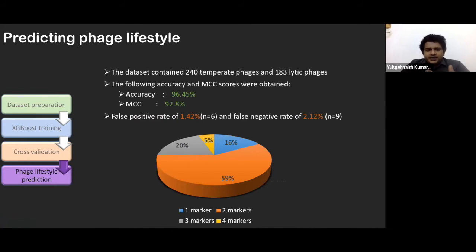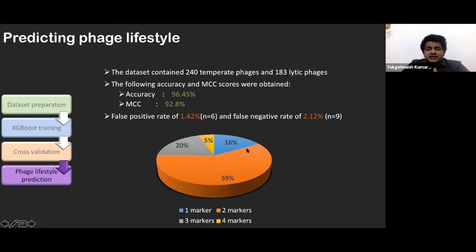And using the PhageLeads predictor, we were able to achieve an accuracy of 96% and an MCC score of 92.8% with a false positive rate of 1.42% and false negative rate of 2.12%.